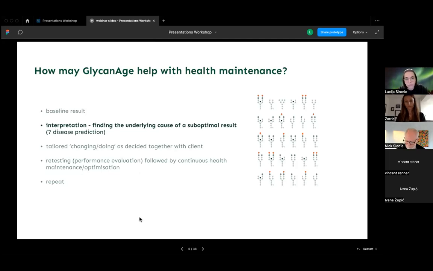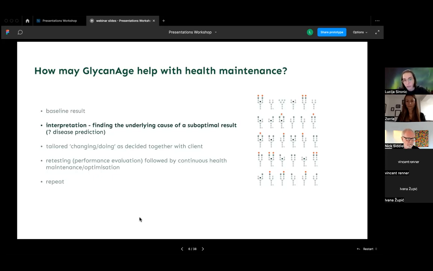So how can we use GlycanAge to help with this health maintenance process? What we'll be focusing on today is this second step. After you get your client's GlycanAge result, it is very important to interpret it in the right way, especially, as I said, if that GlycanAge comes back as suboptimal.